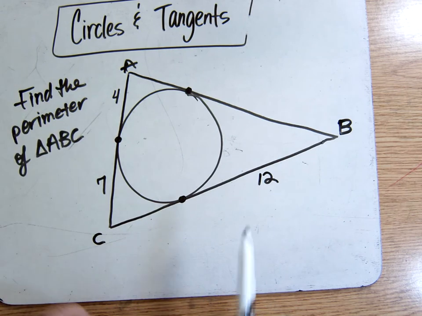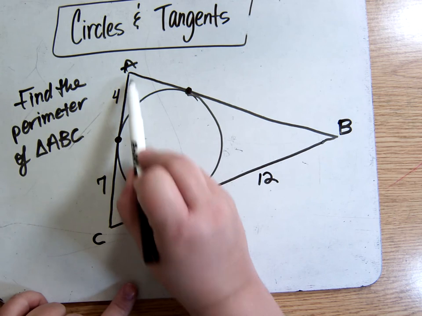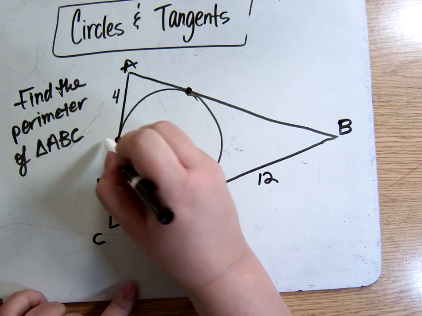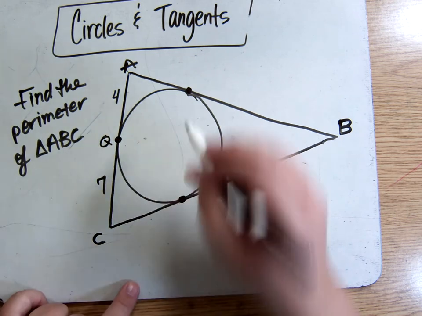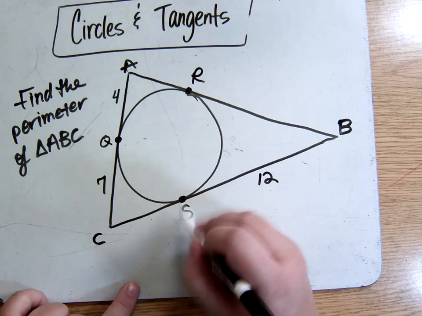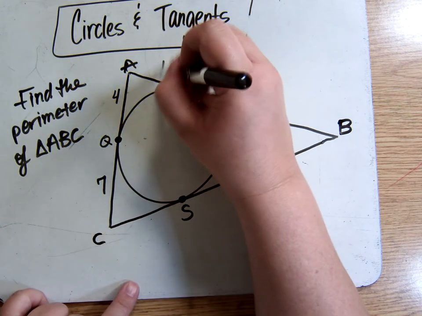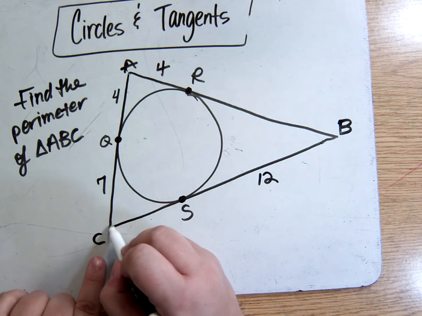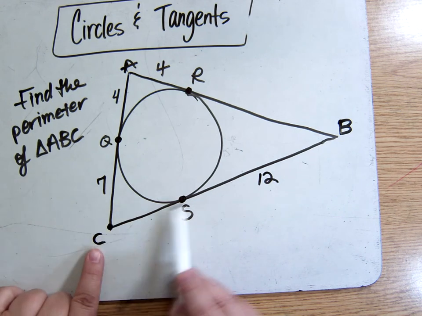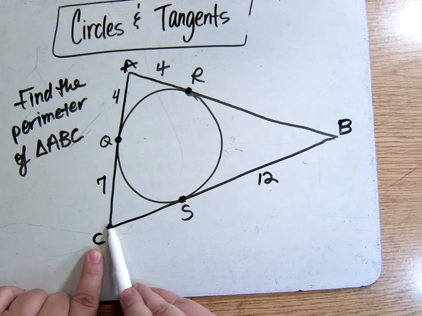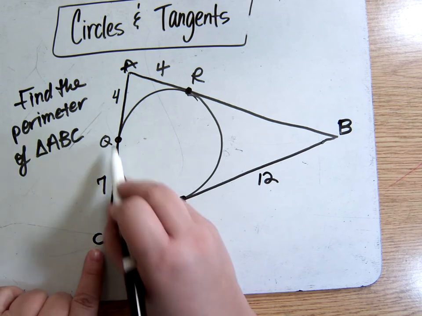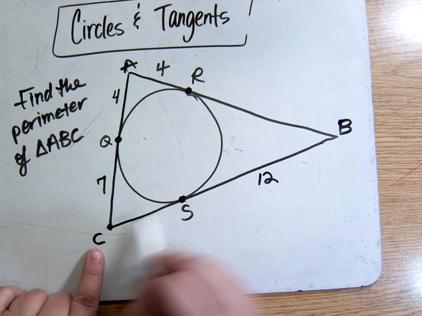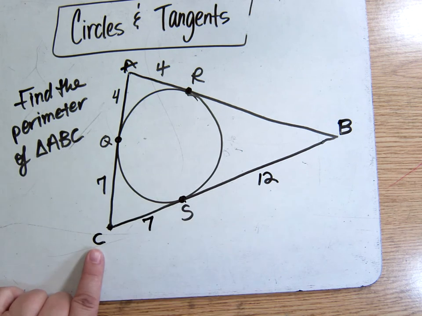In other words, this 4 here from A to this point, let's call it Q, has to be the same as from A to R. That's the ice cream cone theorem at work. Here's an exterior point C. 2 tangents from the same exterior point will be congruent. So the 7 here from C to Q has to be the same as C to S. So that's 7.